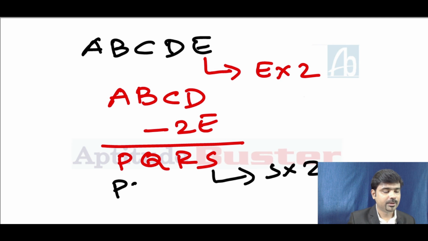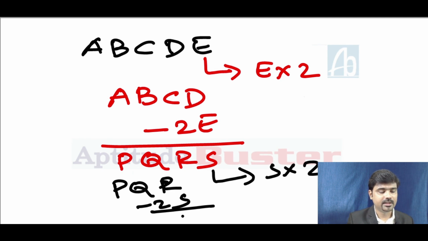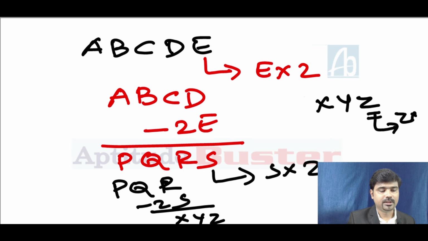Get P, Q, R minus 2S. We'll get a 3-digit number X, Y and Z. After getting X, Y, Z, remove this Z, multiply by 2, subtract from X, Y: X, Y minus 2 Z. We'll get the answer.